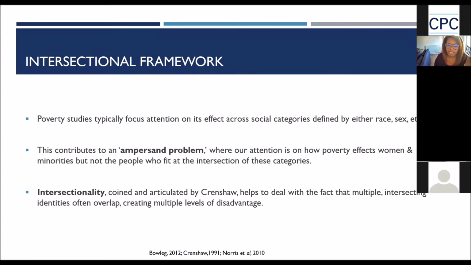And framing discussions in this way is a part of the ampersand problem. The issue with the ampersand and the studies that use it is that it neglects a missing piece of the intersection between multiple social identities, and consequently how that intersection might influence an individual's experience of multidimensional disadvantage.